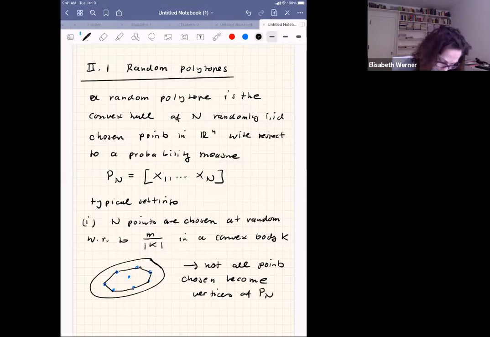For instance, this one doesn't become a vertex, so we are wasting points.